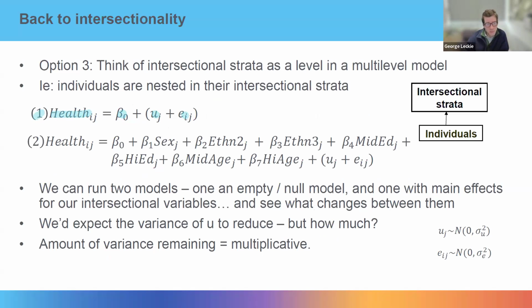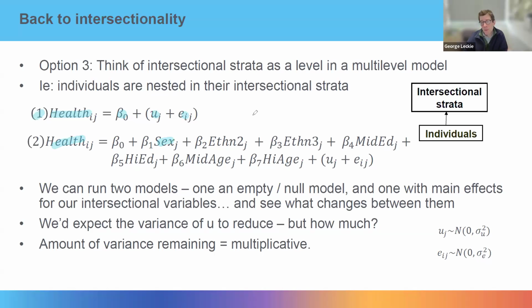Model 2 is the new one, where we have the same outcome, individual health, but now we regress it on the additive main effects. In this model, we have a dummy variable for sex, so maybe for being female versus male.